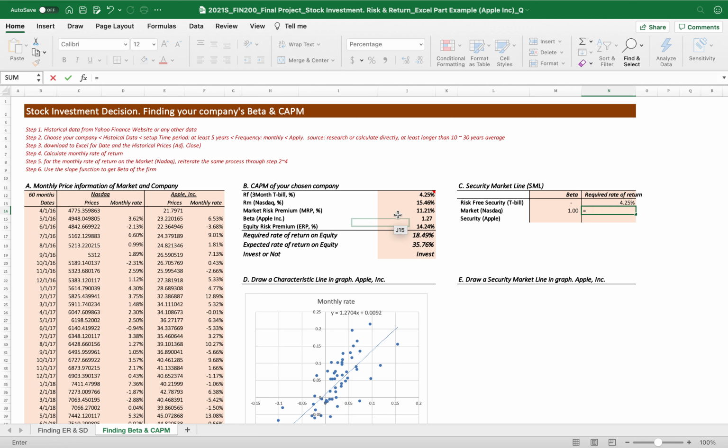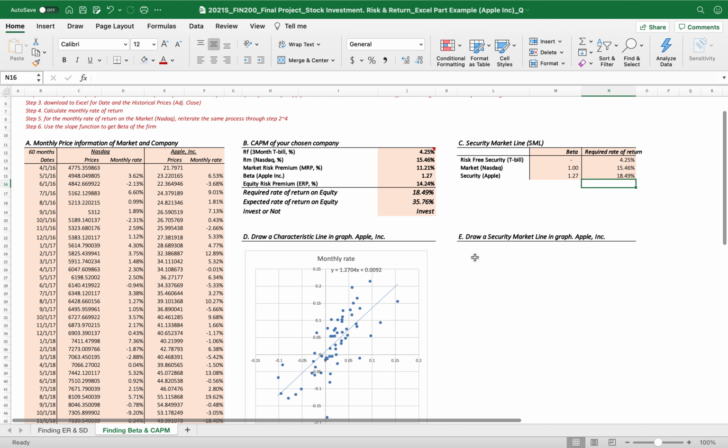We can calculate the same way: the risk-free rate plus the market risk premium times 1. And then for the Apple stock, the beta we already calculated is 1.27, and we calculated the required rate of return.